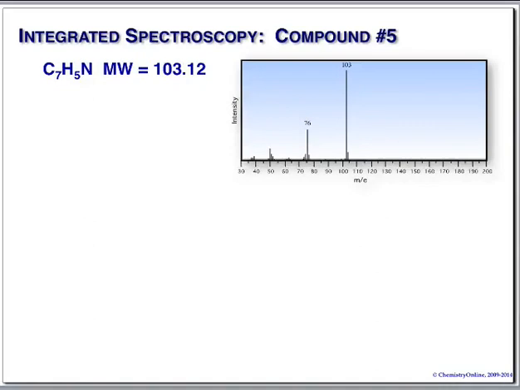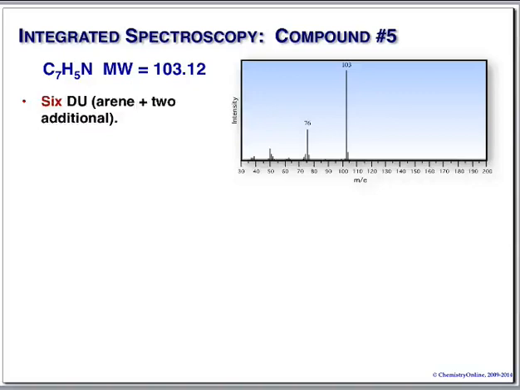That's just a rule. So this gives us 6 degrees of unsaturation. Now, whenever we have 4 or more, we really think about a benzene of some sort. And we also have 2 more degrees of unsaturation.